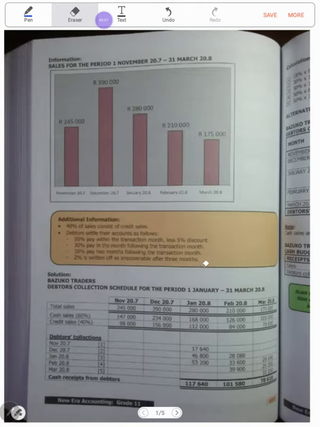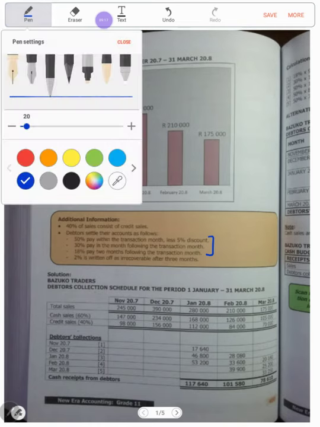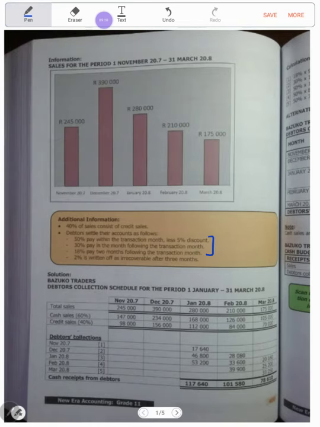Only if we are asked separately on a separate question. So we are only interested in the first 3 bullet points: 50% with the 5% discount, 30%, and the 18%. Okay, let me just do that.